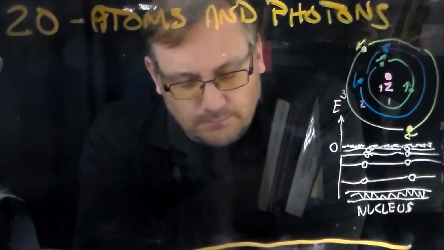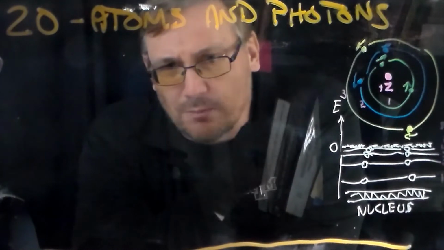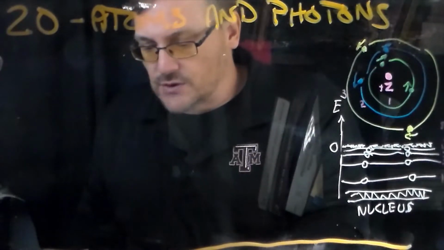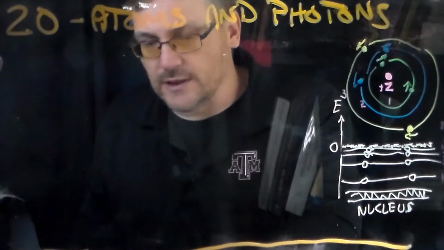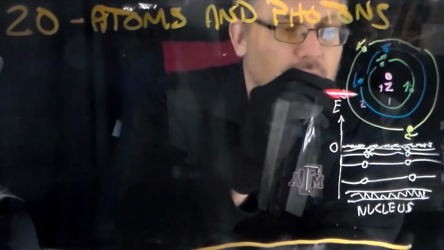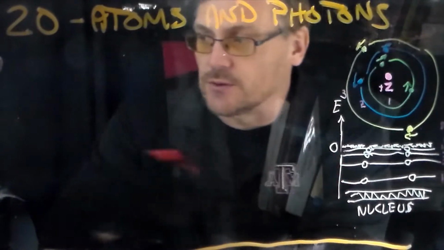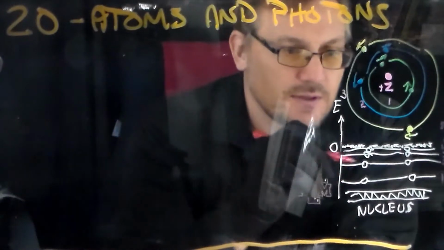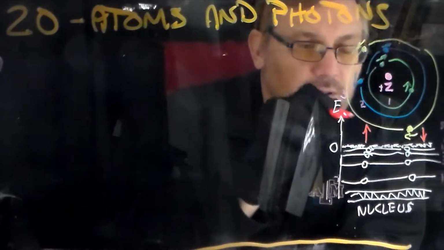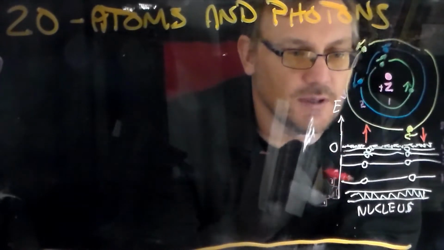So it's that solar system model of the atom. And we don't really believe that anymore, but it's a pretty good model for doing a lot of things. In fact, it gave us a really coherent idea about what's going on here. We're going to call this up and this down, right? One's going clockwise and one's going counterclockwise.